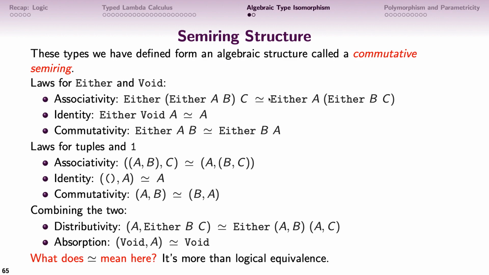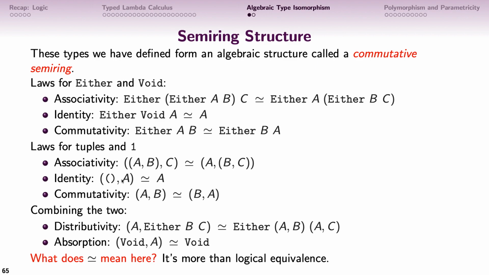All of these equivalences say that the amount of information in either of these types is the same. In other words, the number of different values that could be of this type is the same on both sides. How many possible tuples are there of unit and A?